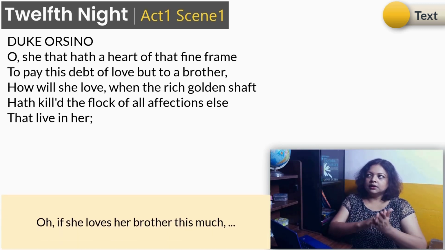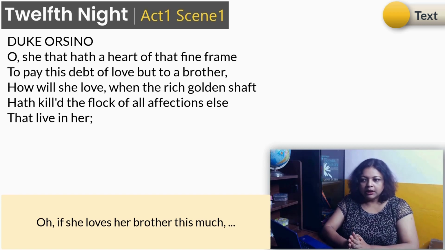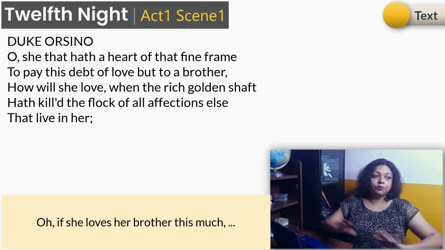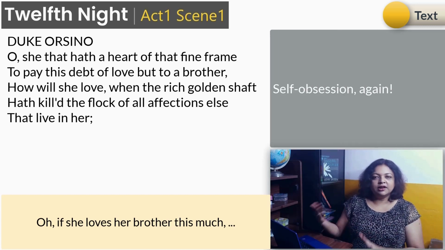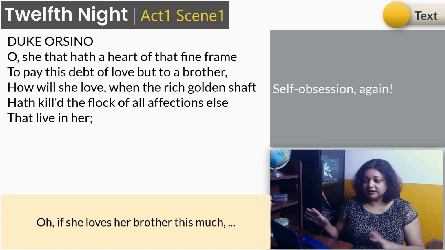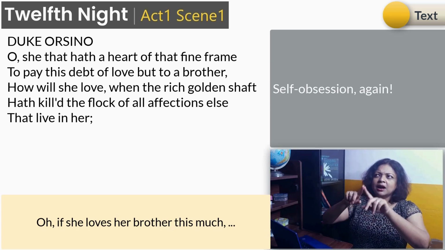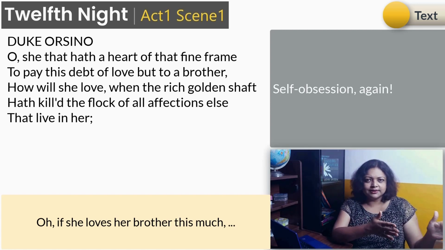Orsino thinks that the love women have for their brothers cannot be a significant thing, cannot be a big thing. Women love their husbands more than they love their brothers. This is his idea. He has these fixed ideas about the world. He always goes by these cliches.